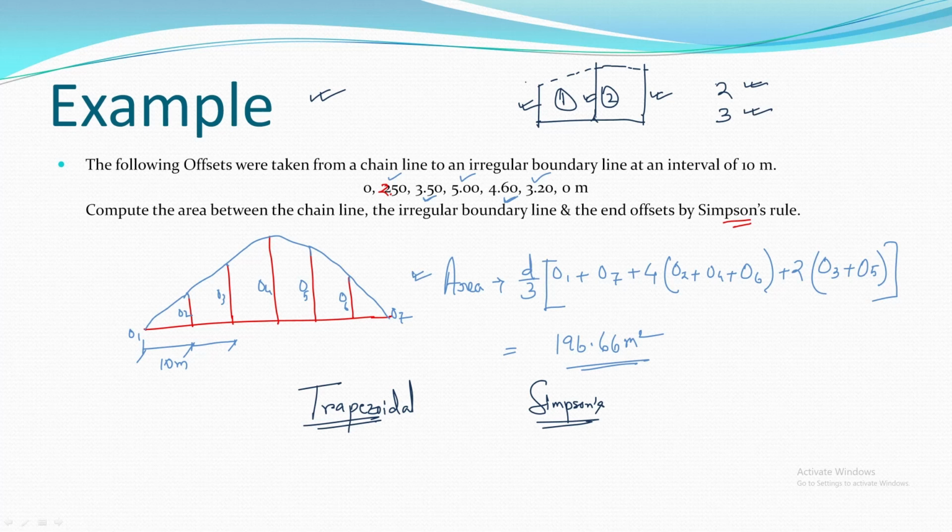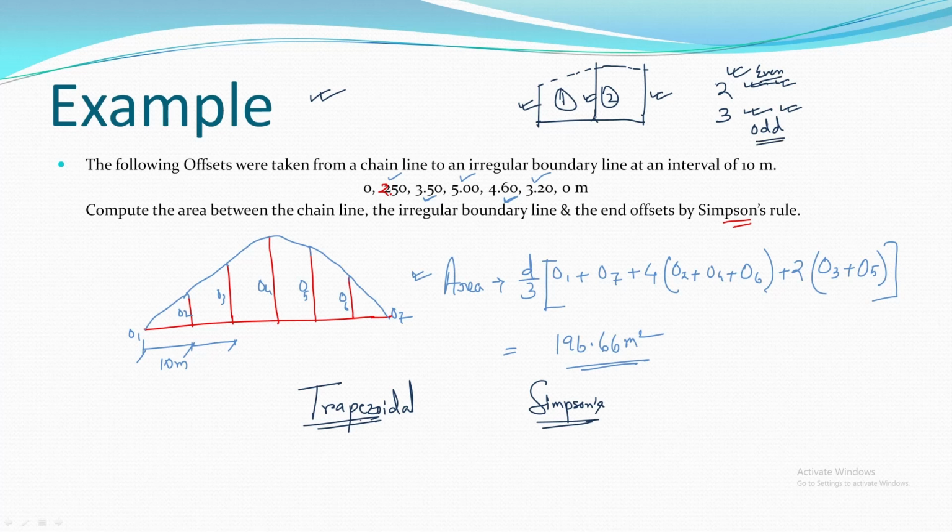So, we can apply Simpson's rule where these 2 conditions are satisfied, that means the number of ordinates is odd and the number of intervals is even. Okay. If these 2 conditions are satisfied, then only we can apply Simpson's rule.